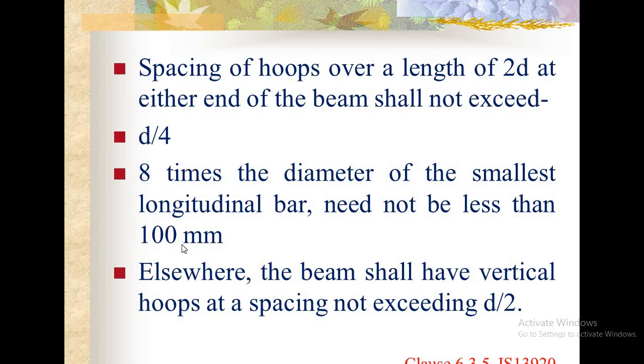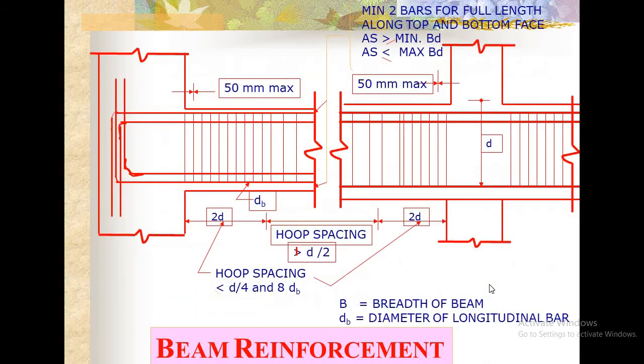Elsewhere, the beam shall have the vertical hoops at spacing not exceeding D by 2. In the remaining space, the hoop spacing should not be greater than D by 2.